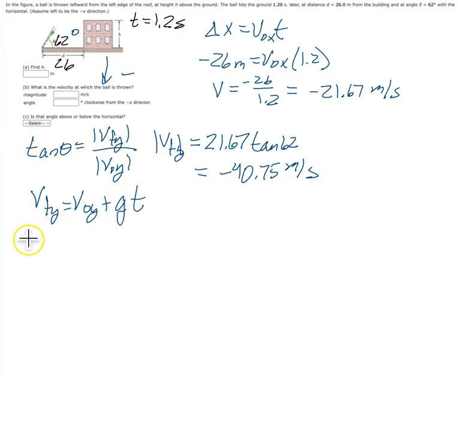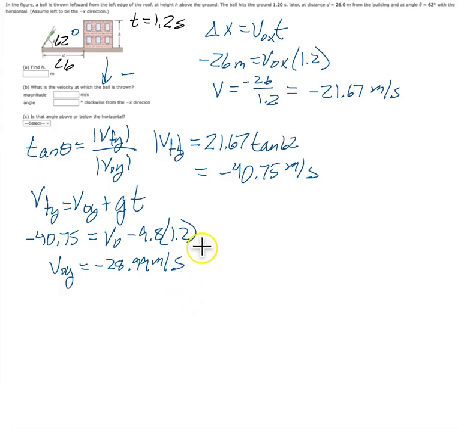So negative 40.75 meters per second equals that original minus 9.8 times 1.2 seconds. If you do your math, we end up with an original speed in the y direction of negative 28.99 meters per second.